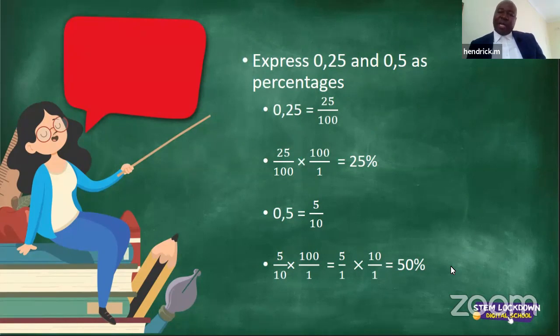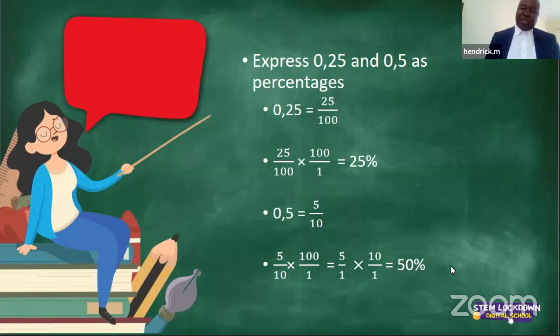Now, if you have to express 0.25 as a percentage, just like we did with the previous one, whenever you move the decimal point twice to the right on 0.25, you will now have 25 over 100. At this point you've got a common fraction, so you have changed your decimal fraction into a common fraction before you can move it to a percentage.